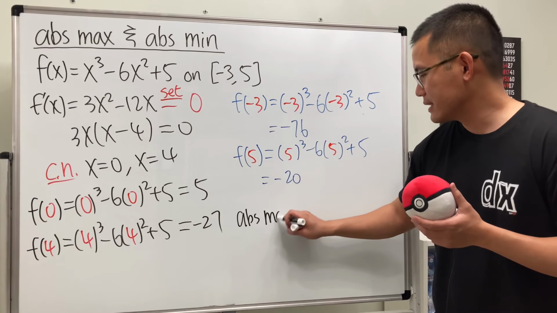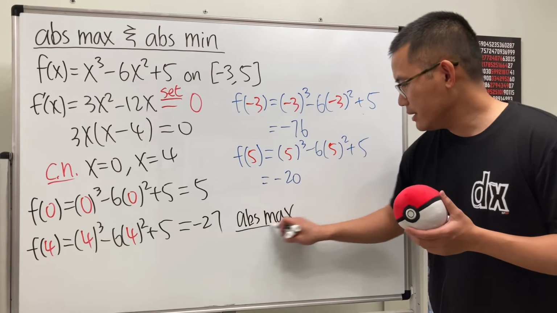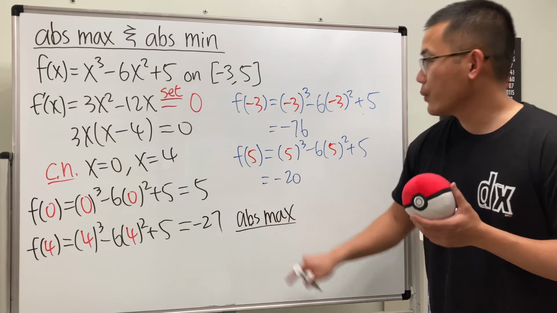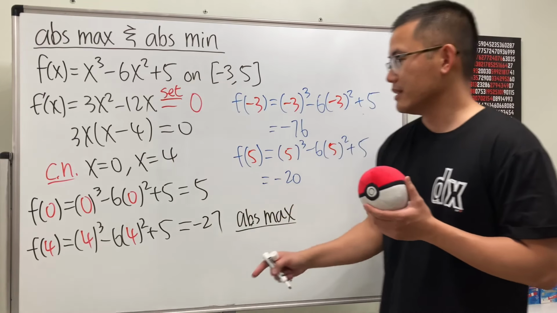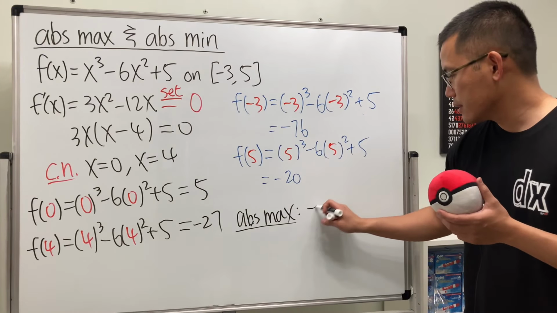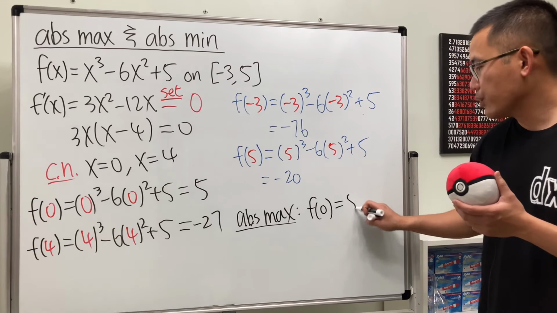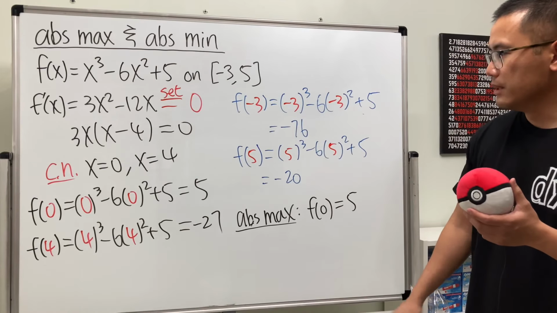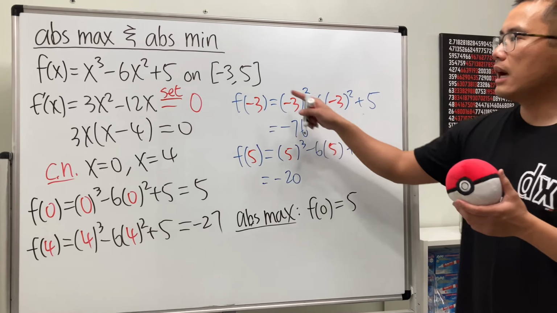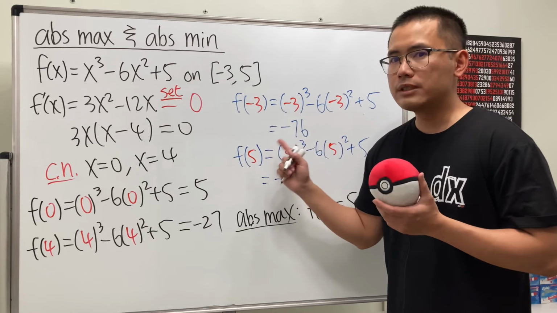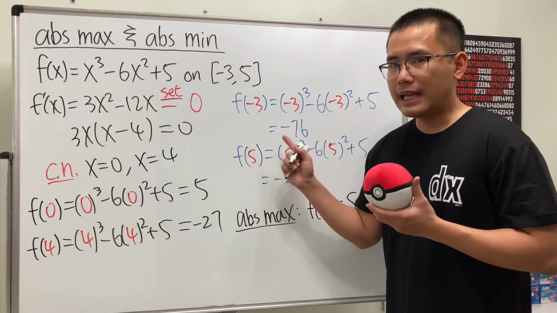Let's do max first. Which one is the biggest? Well, we have 5 being the biggest. So f of 0 is equal to 5.